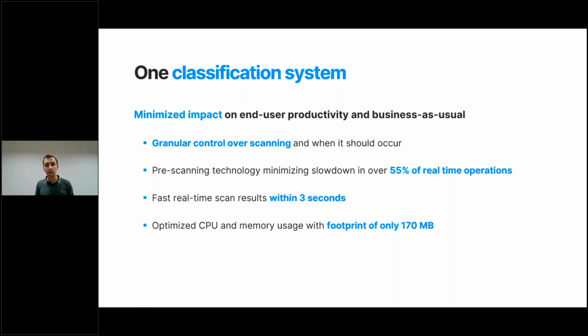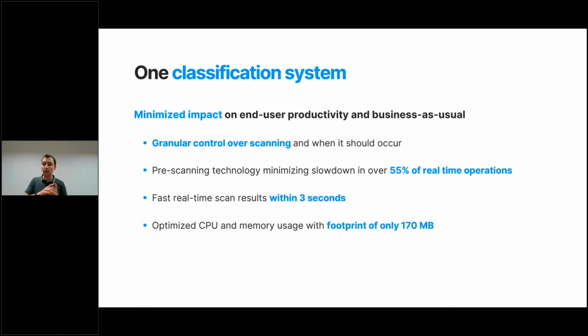And in practice, when we take a look at the data, it seems that in more than half of the cases when the user is doing something that needs real-time scanning, Safetica already knows what's there. And there is no real-time scanning because it already happened before and Safetica knows this is a good document or this is a dangerous document.